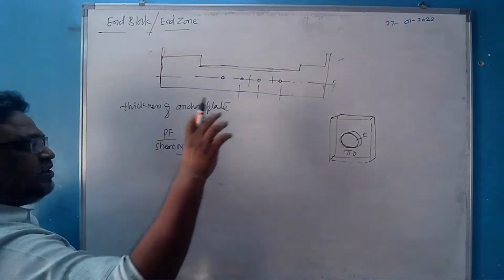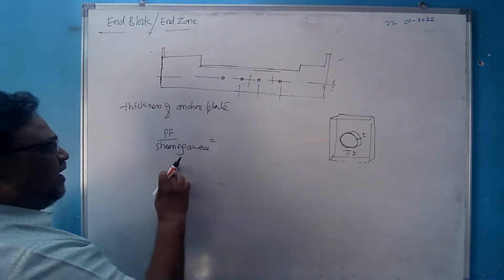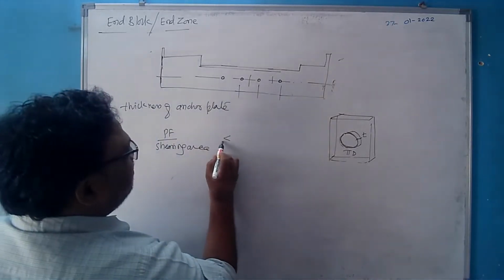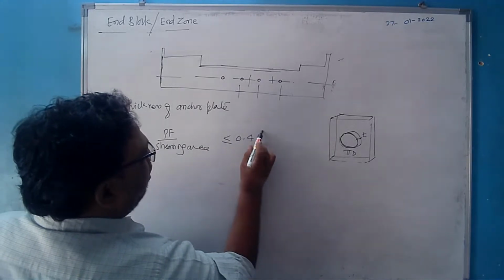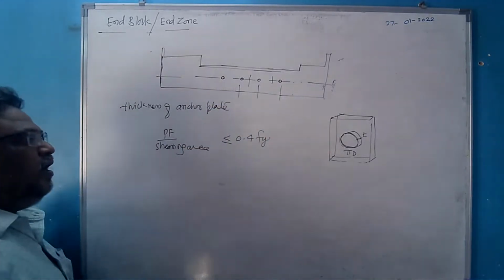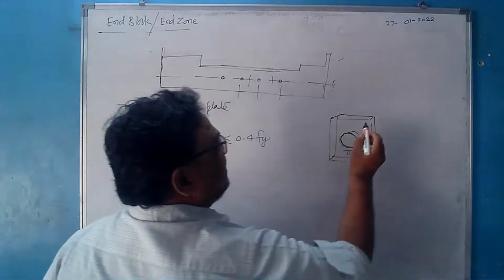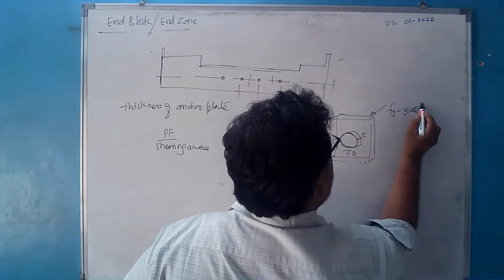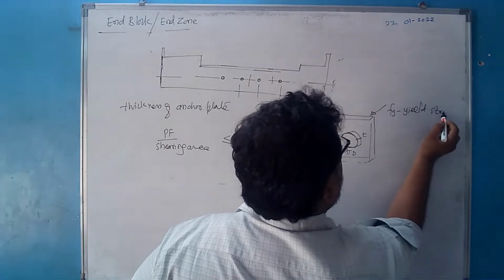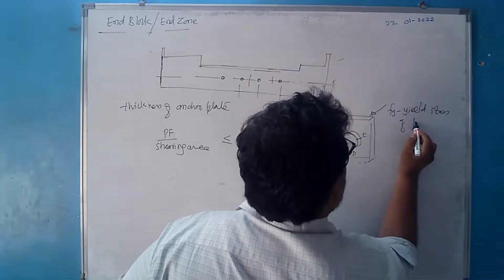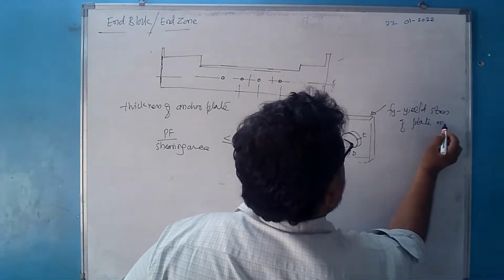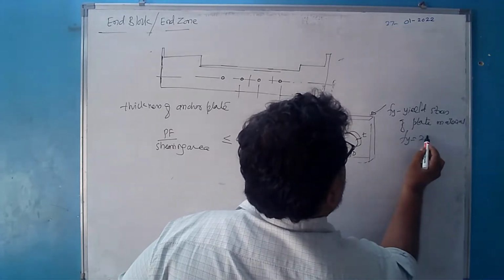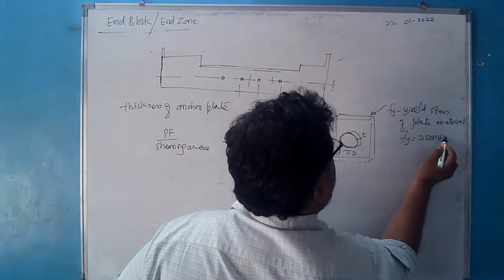And you will get the shearing stresses, force divided by the shearing area, and they must be less than or equal to 0.4 times Fy, where Fy is the yield stress of the plate material. Normally we provide mild steel, so Fy is equal to 250.